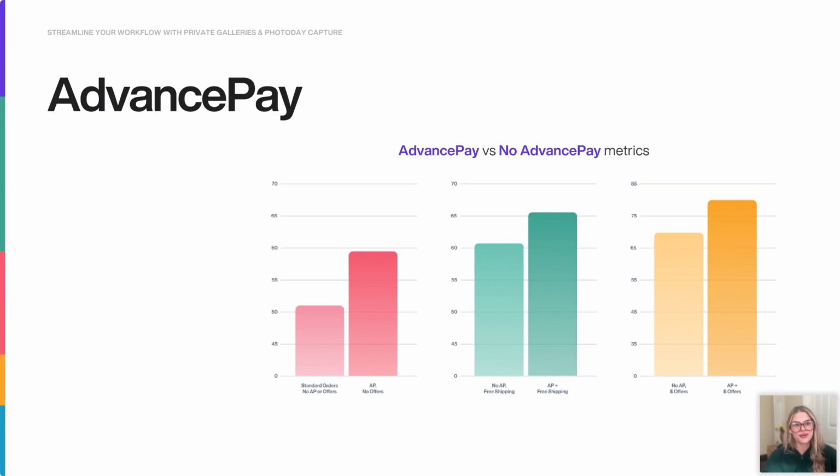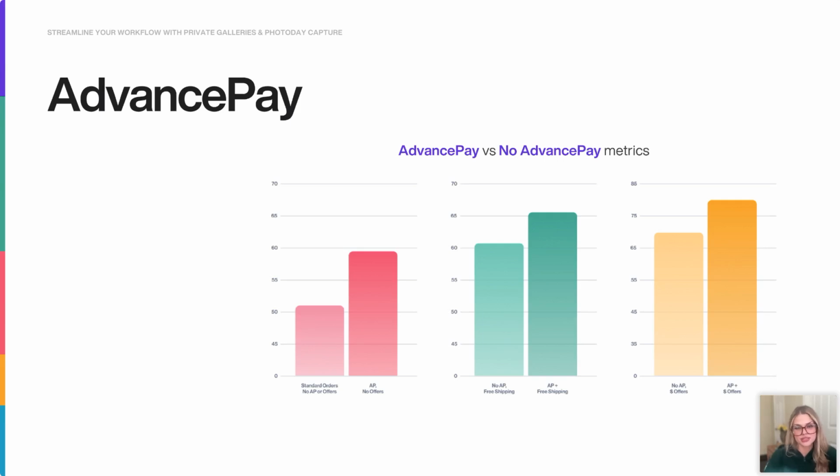I did also do a webinar on advance pay if you guys are interested in that. There are tons of different ways to use advance pay, tons of different ways to sell it. And I'll go over the setup when we do the demo. Now, what is showing on these slides is that advance pay increases your average order value.